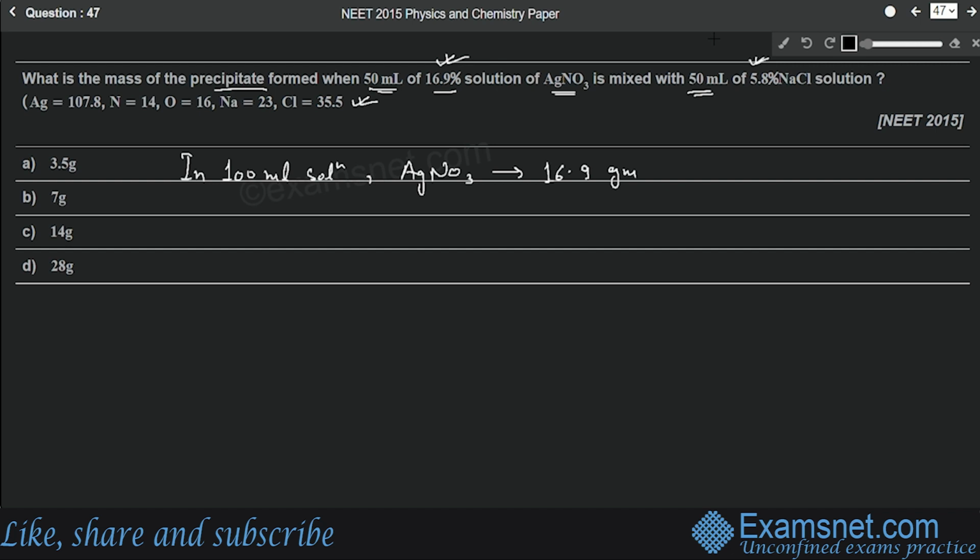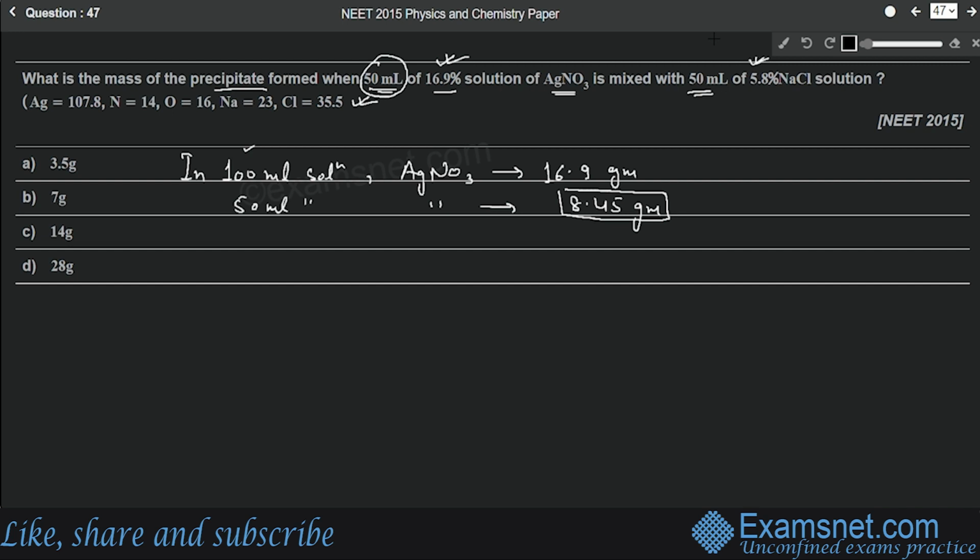But here we have 50 ml of solution. So in 50 ml solution, what will be the amount of silver nitrate? It will be half of 16.9 grams, that means 8.45 grams. So according to this question we have 8.45 grams of silver nitrate.